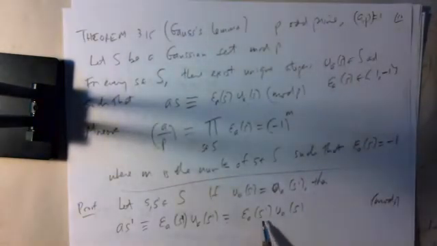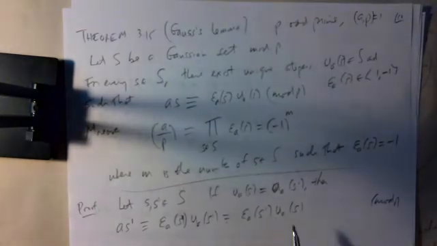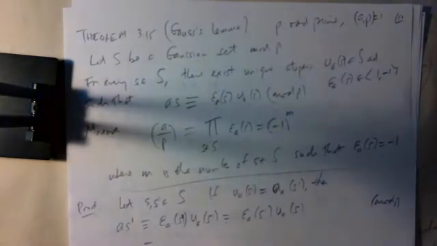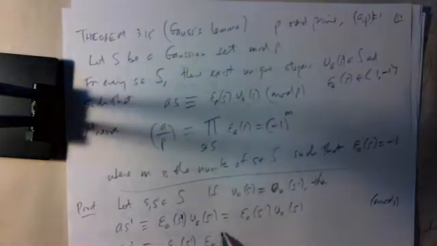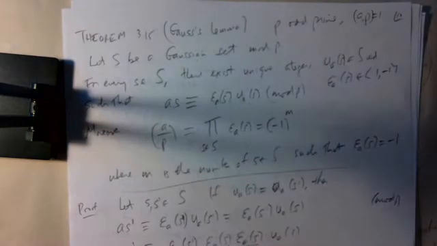And the epsilon sub a of s are plus or minus 1s. So this is the same as epsilon sub a of s prime times epsilon sub a of s times epsilon sub a of s times u sub a of s. I just put this in the middle, but this is either 1 times 1 or -1 times -1. It's 1 in both cases.